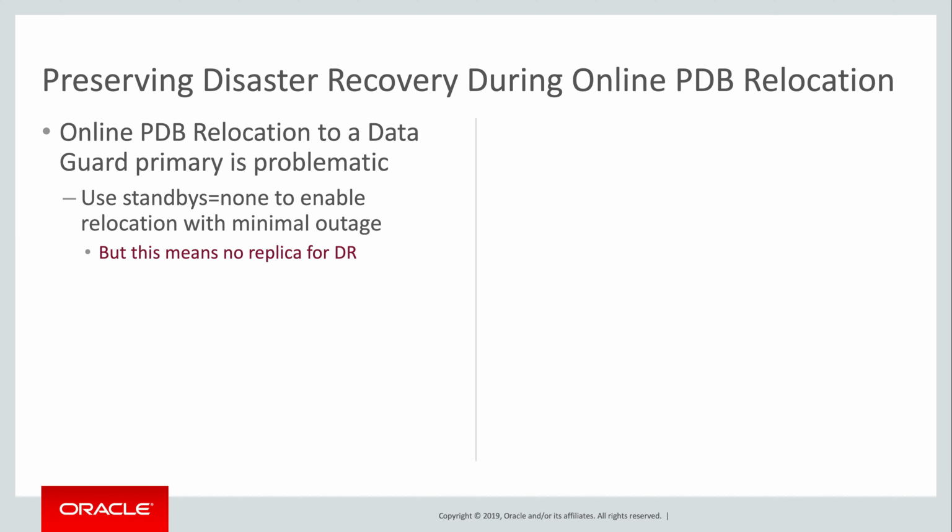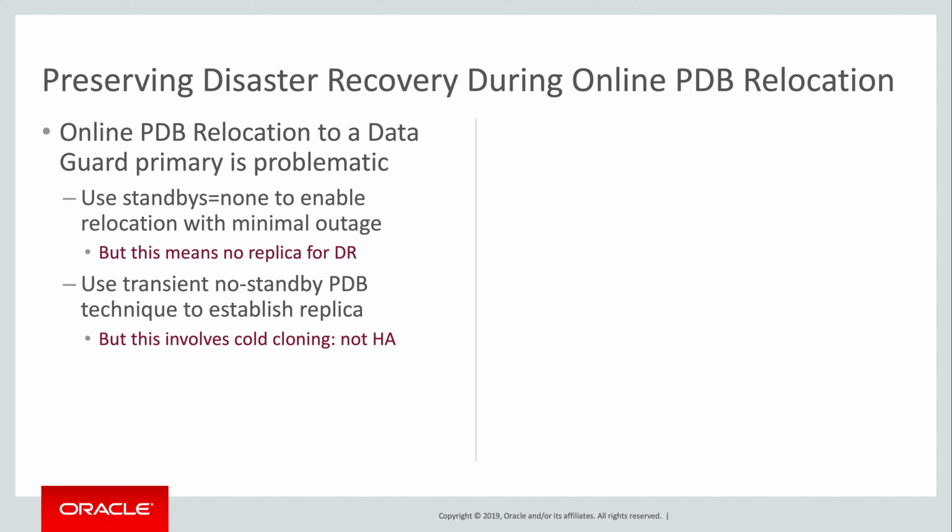We could relocate the PDB into the DataGuard primary with standbys equals none, but then by definition there would be no standby PDB. So in this case we'd have a high availability or HA relocation, but a vulnerability from a disaster recovery or DR perspective.